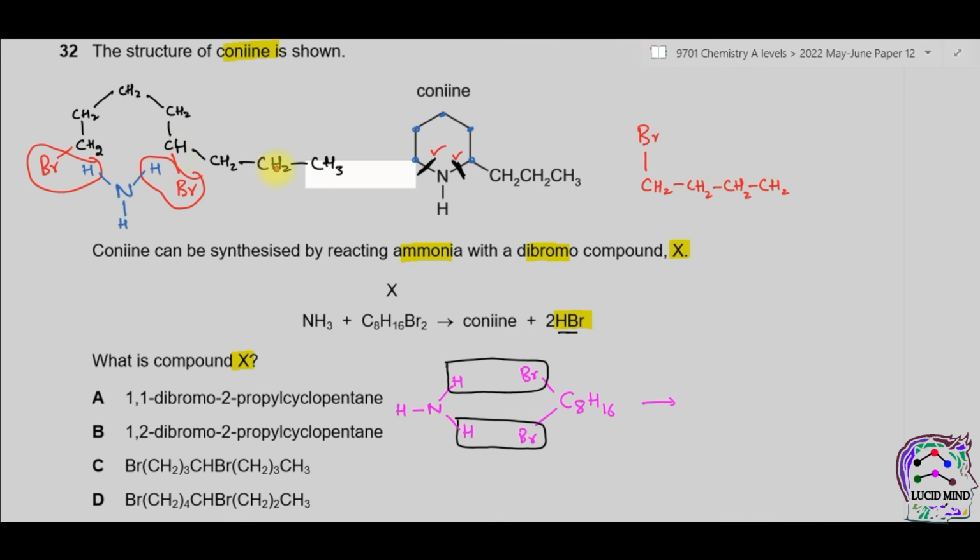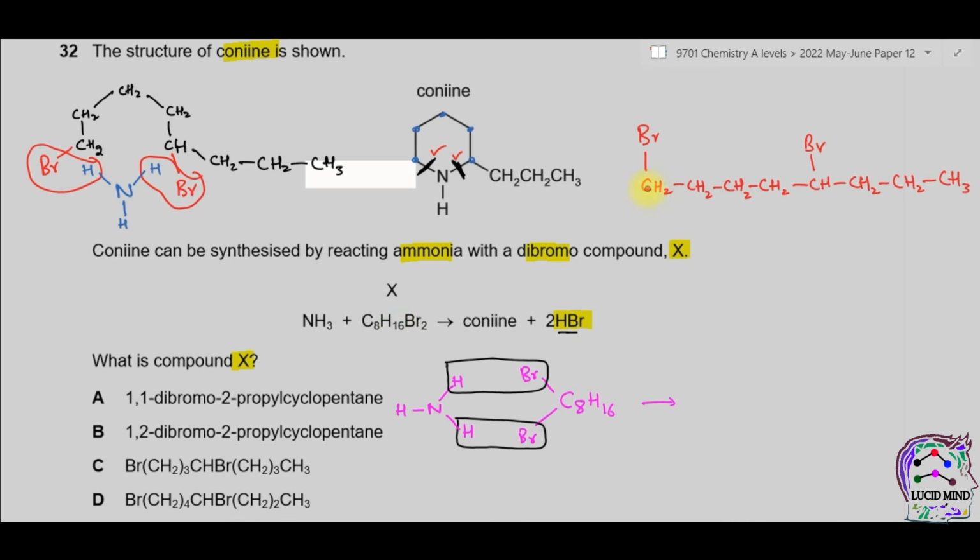Then we had a CH and bromine. So this is the compound X. We have 8 carbons, we have 2 bromine and 16 hydrogen atoms.